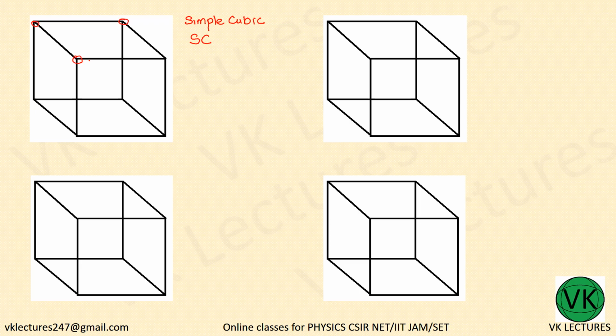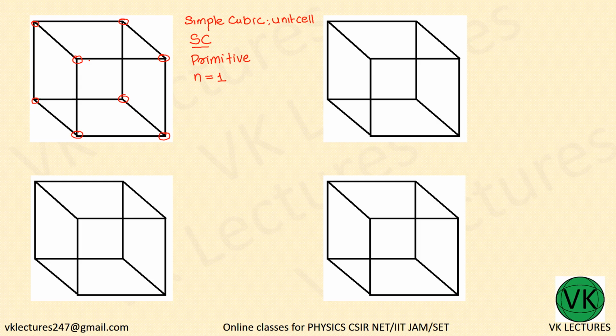All atoms or molecules are placed at the corners of the lattice or the unit cell. So this is a simple cubic unit cell. So this is SC, and this is a primitive unit cell. Now why is it primitive? Because it has the number of atoms n equal to 1.